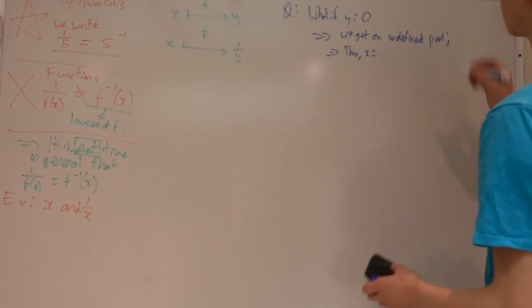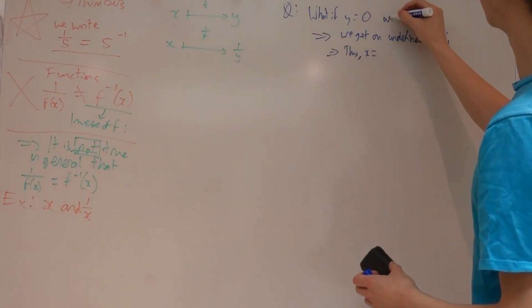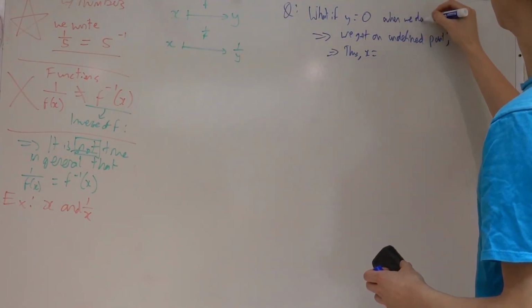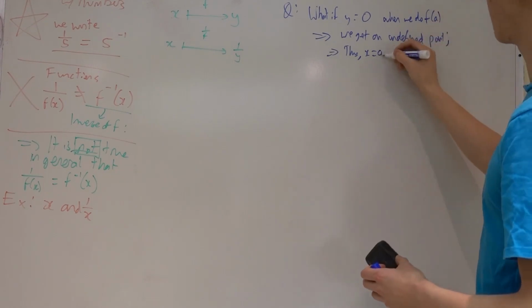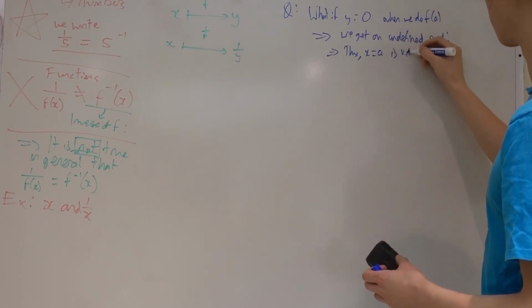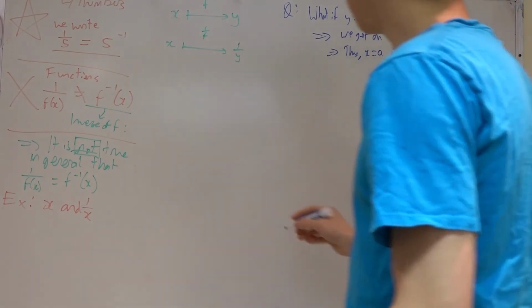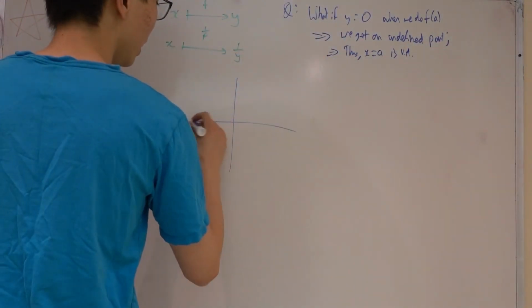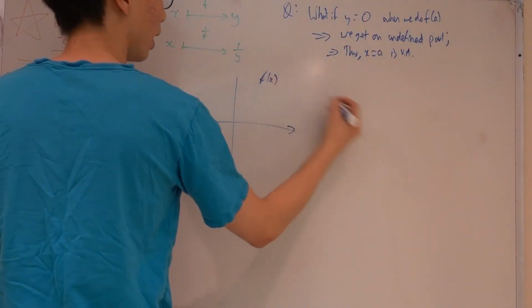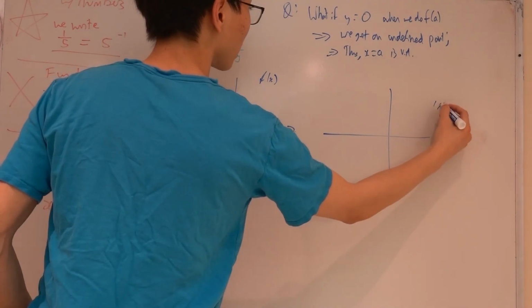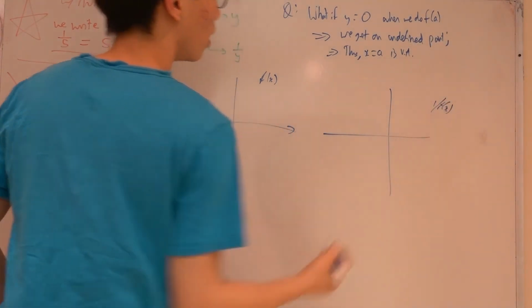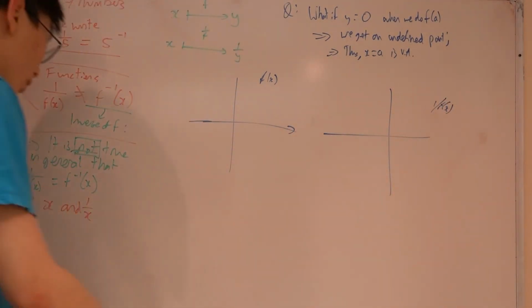So let's see. What if y equals 0 when we do f of a? Then x equals a is a vertical asymptote. Okay? So just graphically what that means is that here's f of x, and here's the graph of 1 over f of x. Okay? I'm going to just draw a segment of the graph.